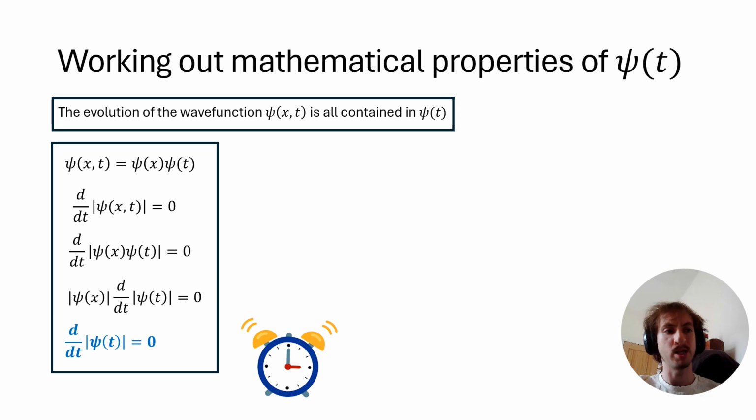Also, we know psi of t relates to the probability density of finding a particle at a particular moment in time, and so if psi of t is 0, then we're saying a particle doesn't exist at any moment in time, which would obviously mean a particle doesn't exist. And given we want to talk about the quantum mechanics of existing particles, not particles that have never existed, clearly we don't want to put psi of t equal to 0, but we want the size of psi of t to be time independent.